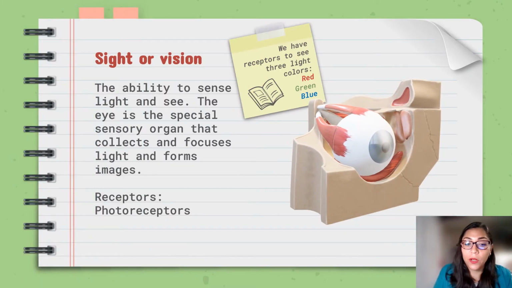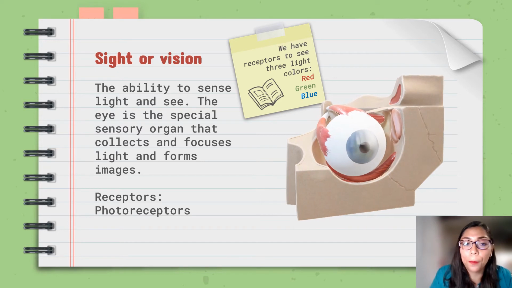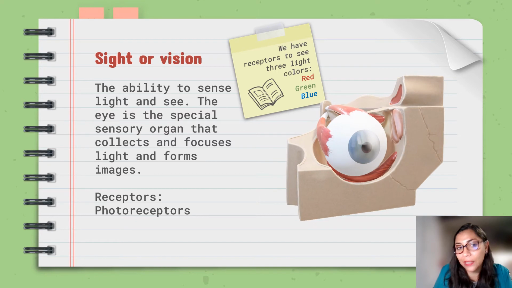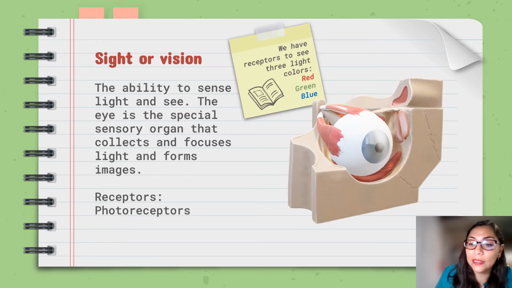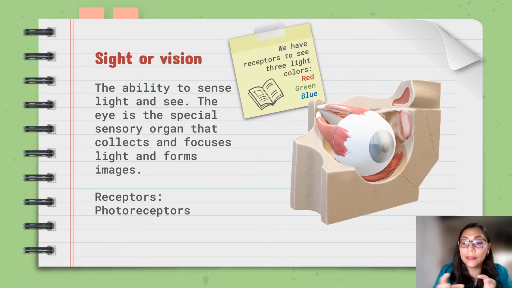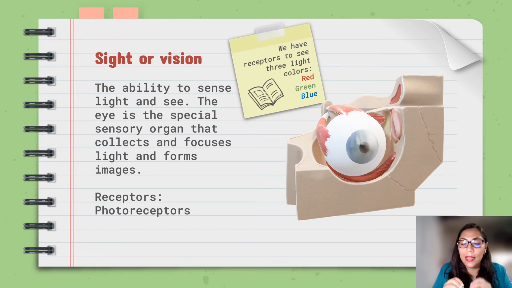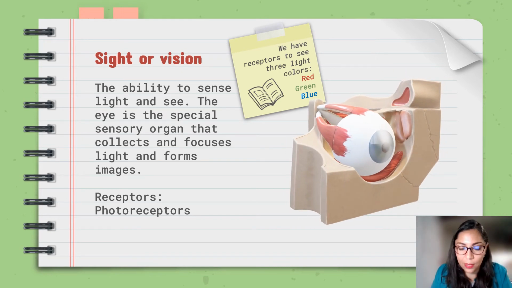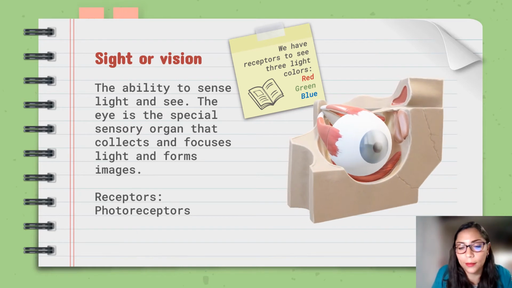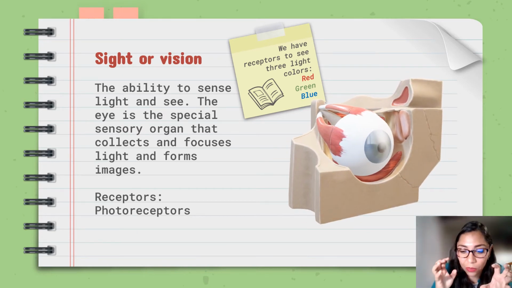Now we're going to talk about the sight or vision sense. Vision or sight is the ability to sense light and see. The eye is the special sensory organ that collects and focuses light and forms images. So our eyes are that specialized organ that allows us to receive light.